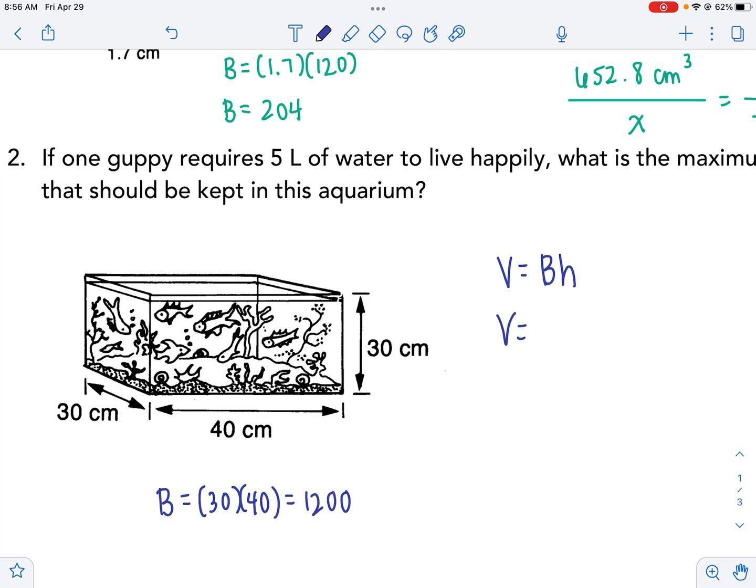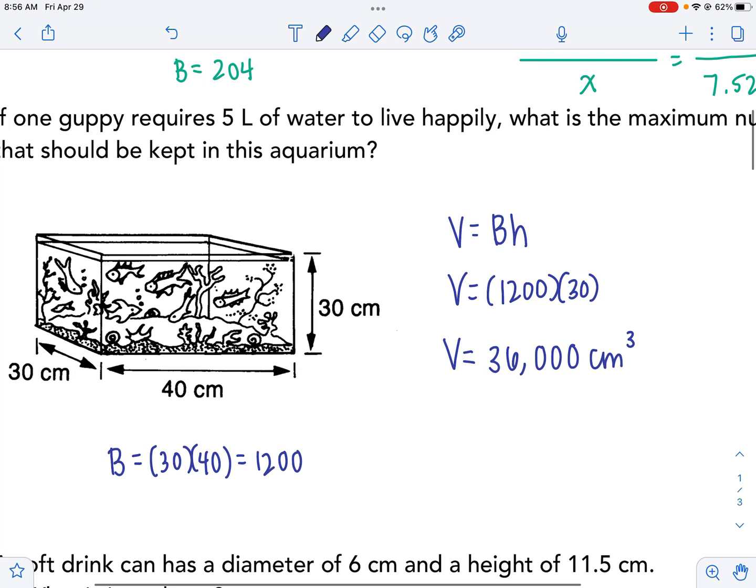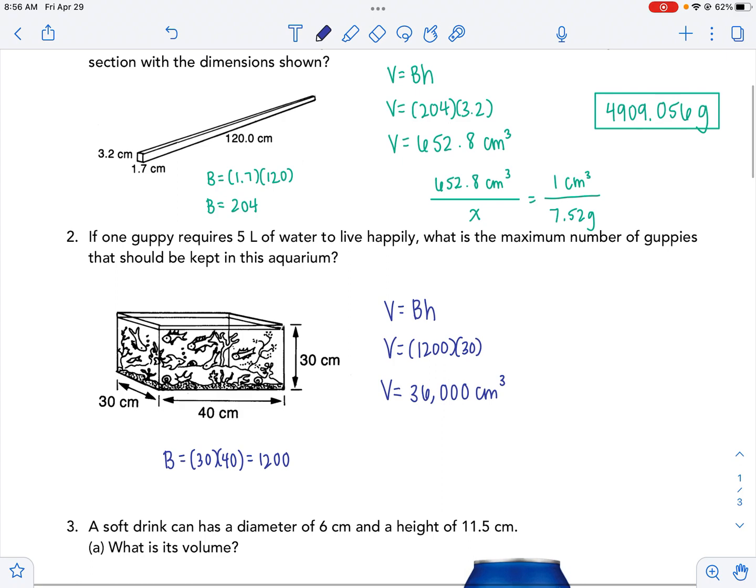So back over here, I know that the area of the base is 1,200, and I know that the distance from bottom to top is 30, which would make the volume of this tank 36,000 centimeters cubed.